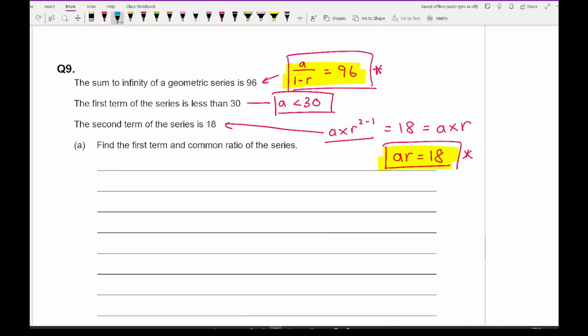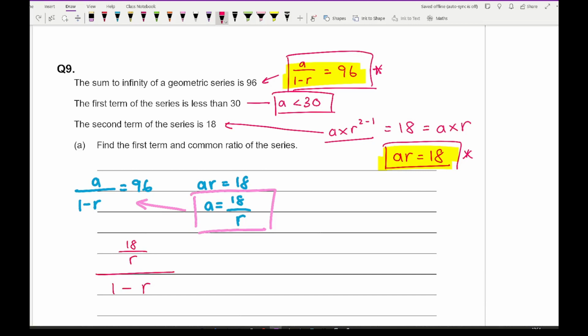So here we know that a over 1 minus r equals 96, and we know that ar equals 18. If I make one letter the subject, let's go for a, we get a equals 18 over r. Now if I substitute this into this, I get 18 over r, all divided by 1 minus r, equals 96.